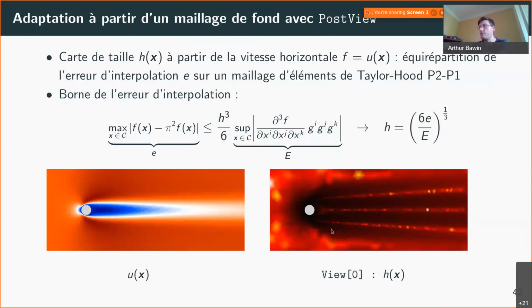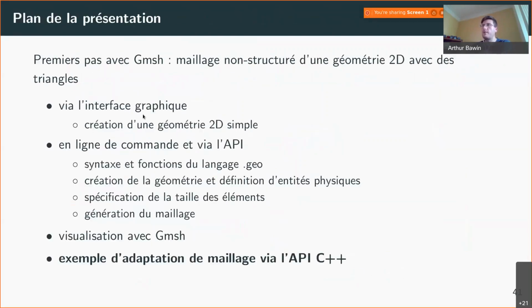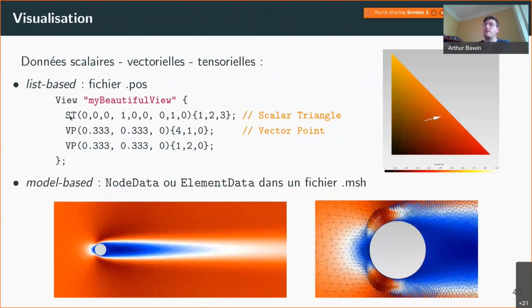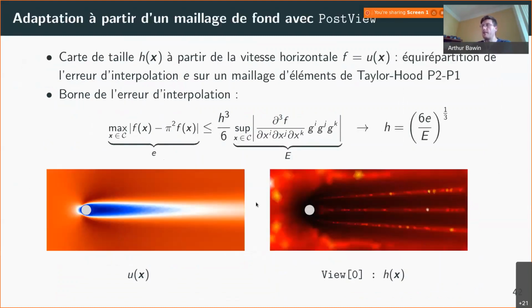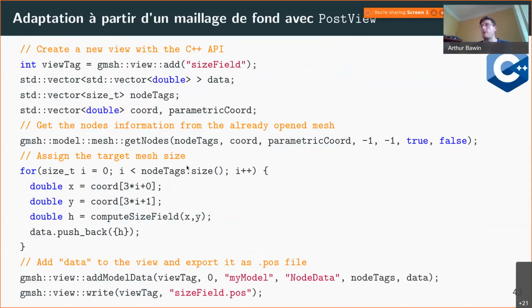And then we can create a view like this with the scatter triangle and give at each vertex the value of this h. It would look like this. This would create a view 0 in Gmsh, which is my size field, the size of the elements I want to have. And then I can call the post view field to give this as a background mesh.